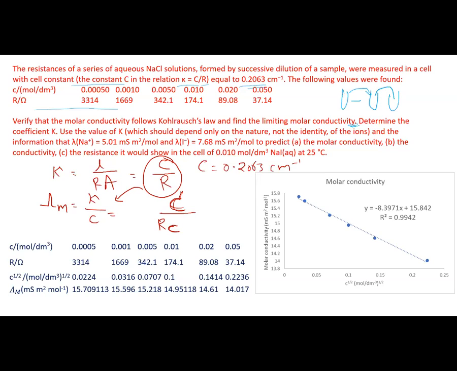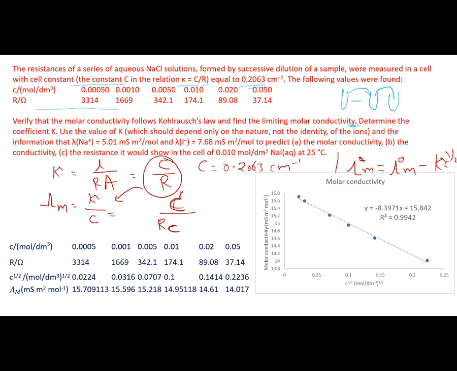First thing we have to do is find the molar conductivity, but we have to verify that it follows the Kohlrausch law. As we know, the equation for Kohlrausch law is molar conductivity is equal to limiting molar conductivity minus K constant times c to the power half. We need to prove that this data follows this equation.